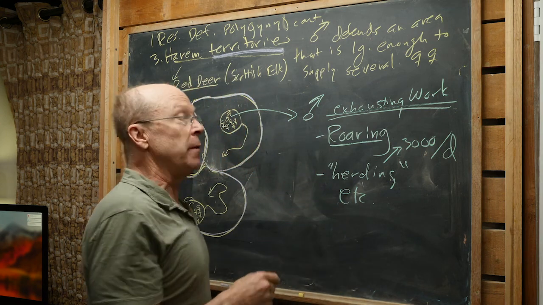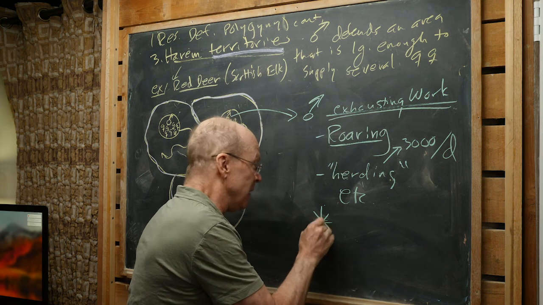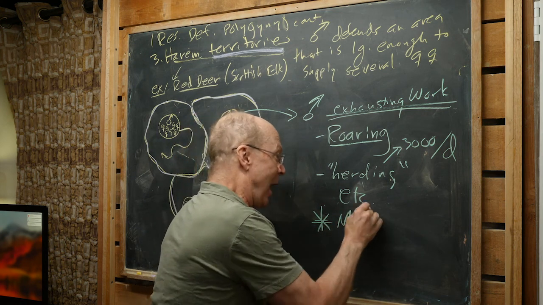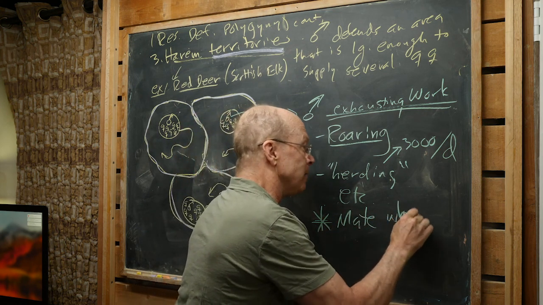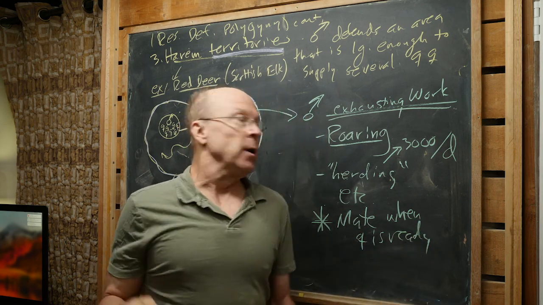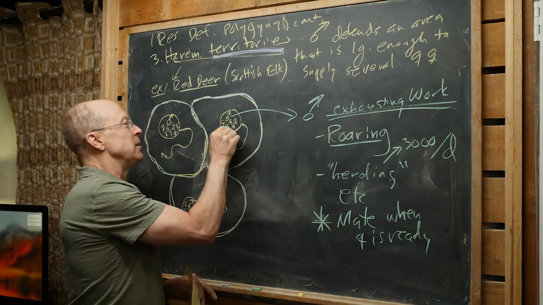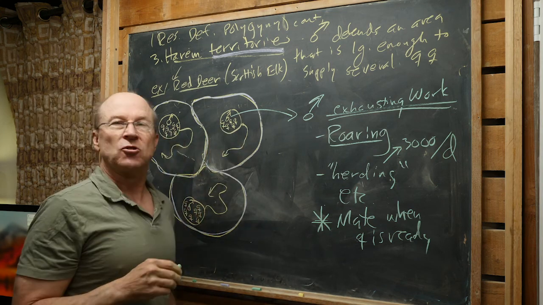Very, very busy work. And then, of course, here's the big deal: be ready to mate when a female is ready, because you've got this big group. Another thing that should be mentioned is there are young in these groups as well.